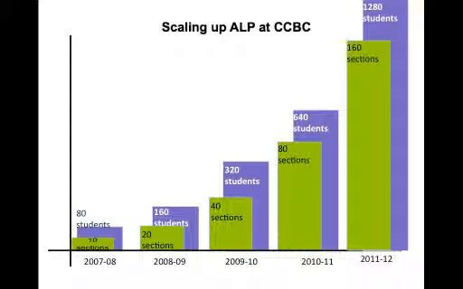So we've had to work very hard on the scaling up problem, and it's slowed down somewhat in recent years. But nevertheless, we're very proud of the fact that we're now scaled up to over 200 sections each year. And we've also scaled up in a different way.